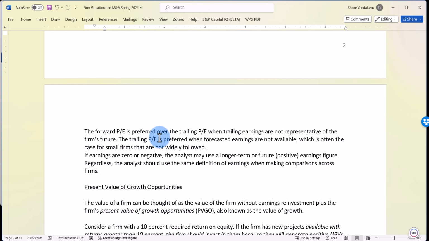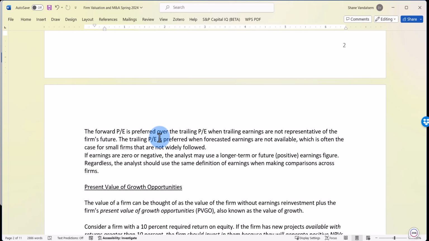In 2020 and 2021, we had COVID, and the result on many firms was very low earnings per share. They would have had very high price to earnings ratios because their earnings per share were low, especially the trailing PEs. In those cases where we feel that the earnings per share for a past time period may not be representative of the future, we'd want to use the forward PE, where we're looking at the expected earnings per share into the future.